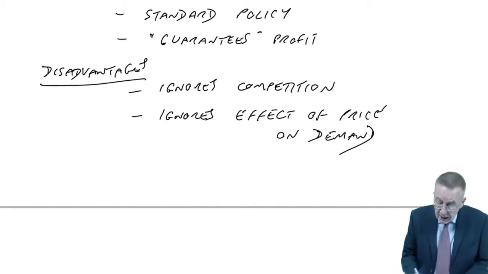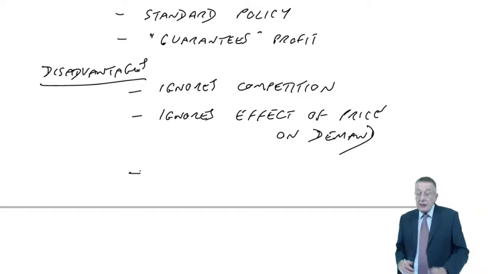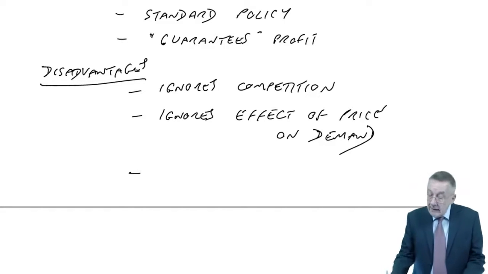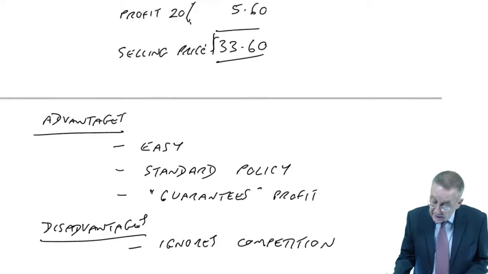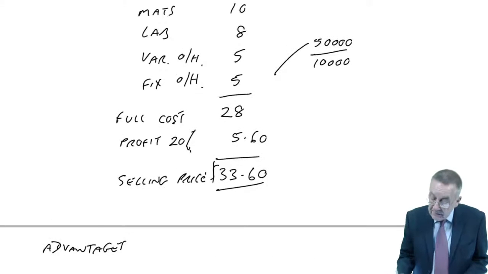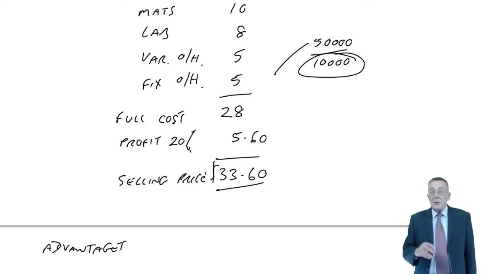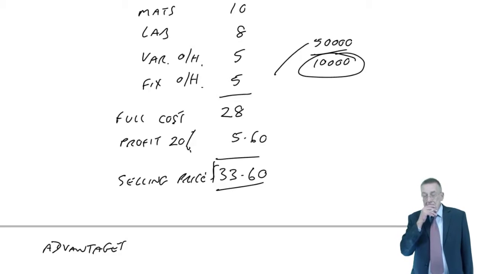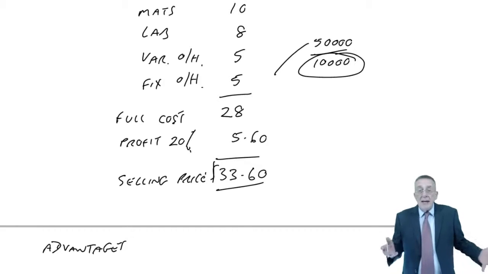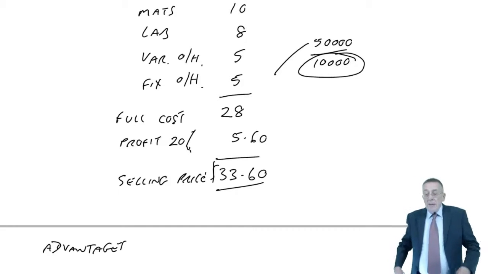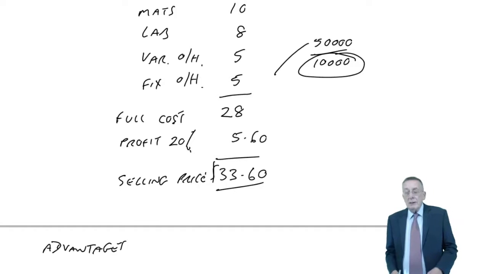Finally, though, a huge problem is this, and it's slightly related to what I said. We've done our costings assuming that we're going to sell 10,000 units. That's the budgeted production. But of course, that's our estimate, it's a budget. What happens if we sell more?